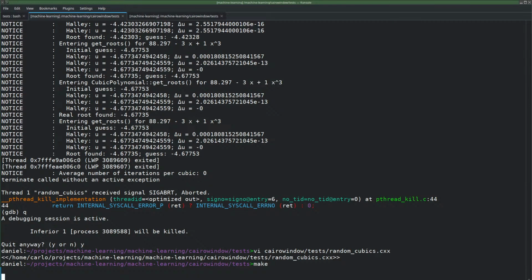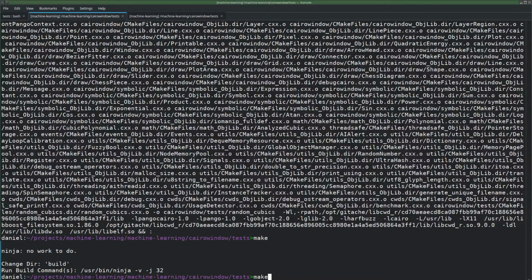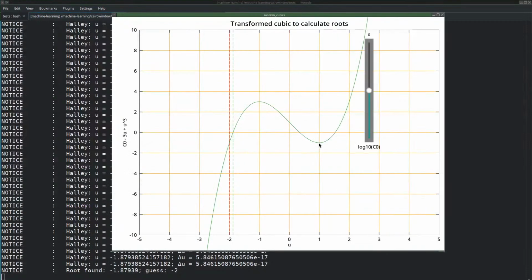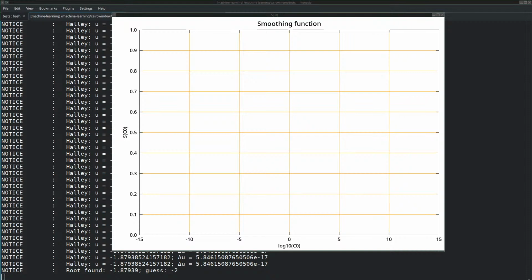Let's see if this compiles and pops up a third window or not. Yep, smoothing function.